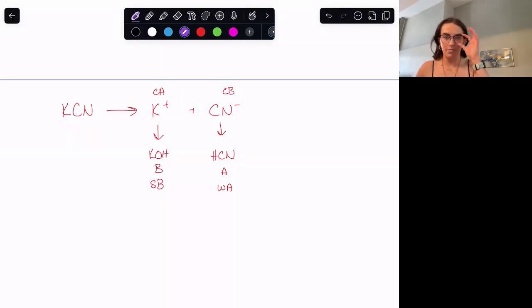Which one do we care about? We care about the strong base because that's going to tell us to use OH minus ions, but this CN minus is what becomes our reactant.